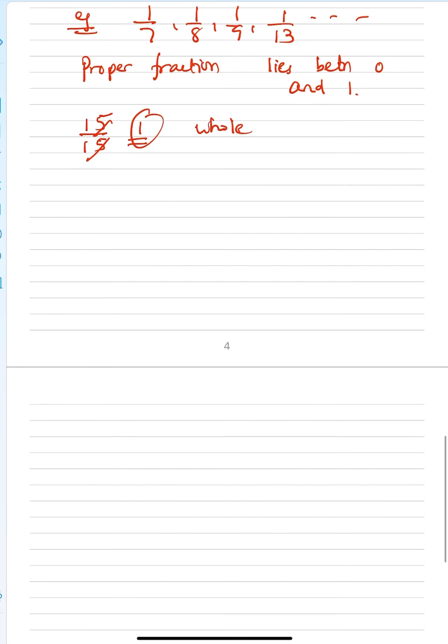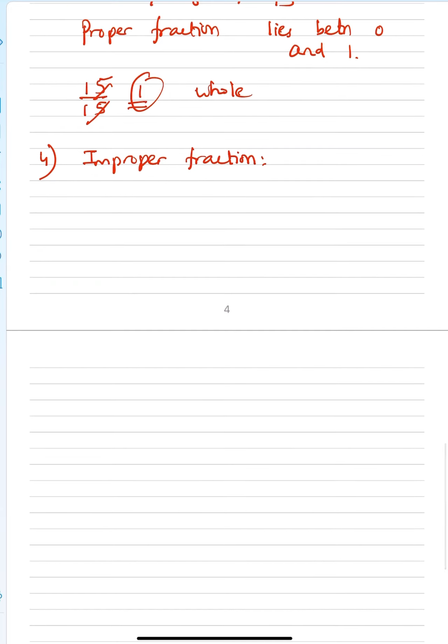Okay, now next is improper fraction. This is nothing but the opposite of proper fraction, that is, where the numerator is greater than the denominator. These are called improper fractions. That is 7 upon 4, then 3 upon 2, 8 upon 5.